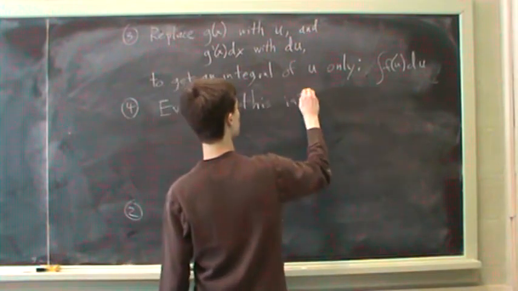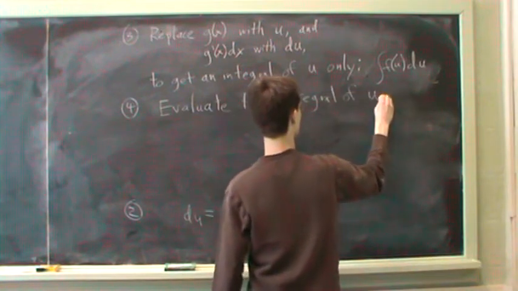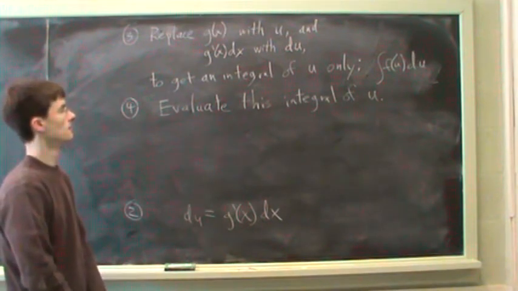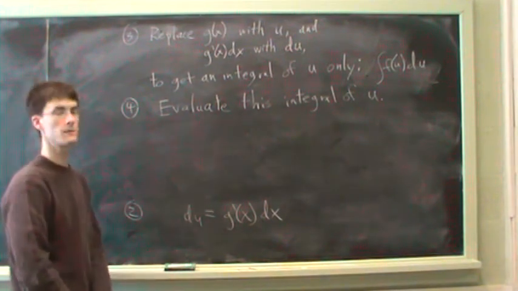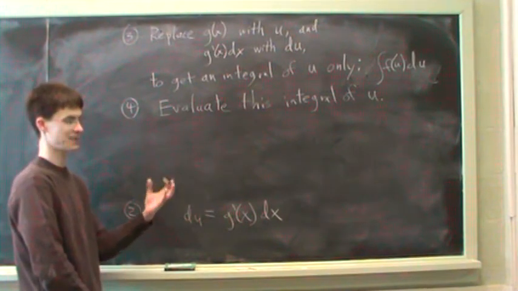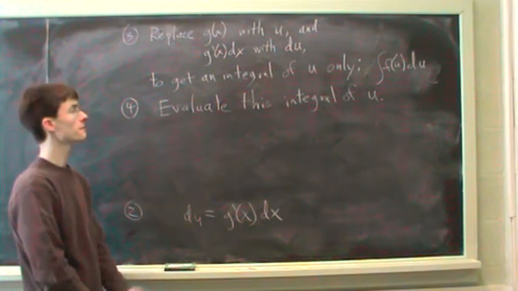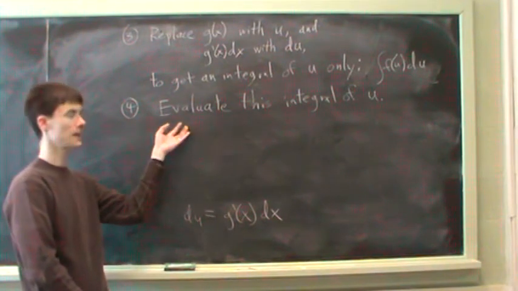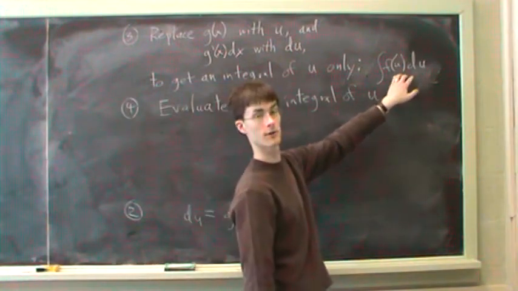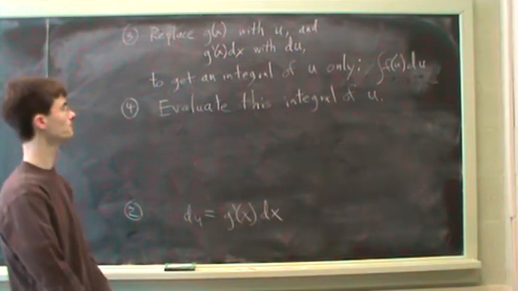Now, the next step is that we have to evaluate this integral of u. If you have chosen what expression in x u should be, and you've chosen that badly, then often you can't do this integral because it hasn't become significantly simpler.